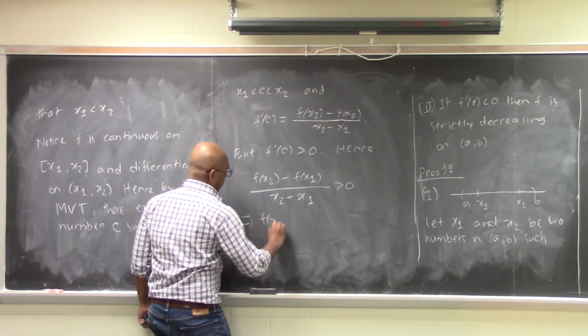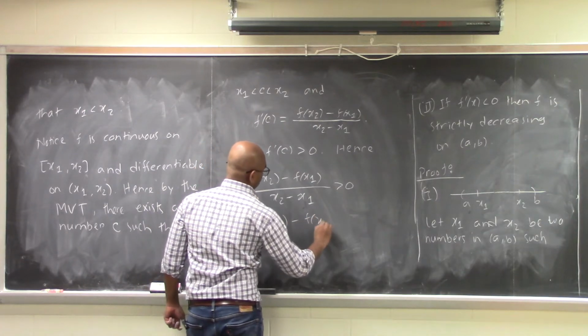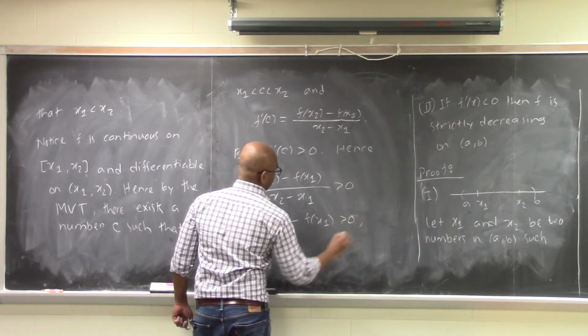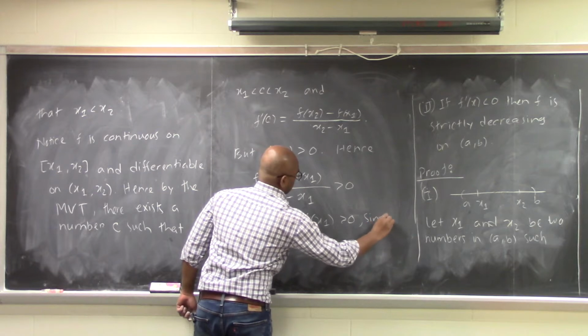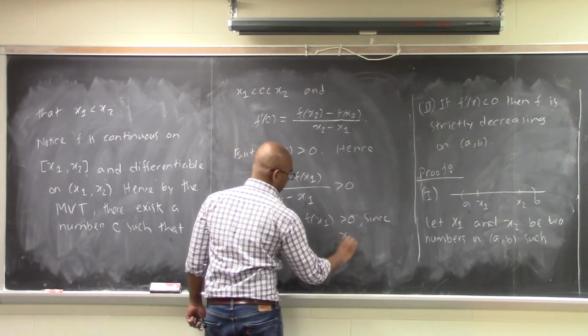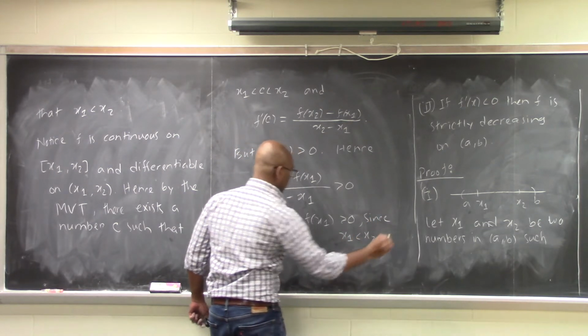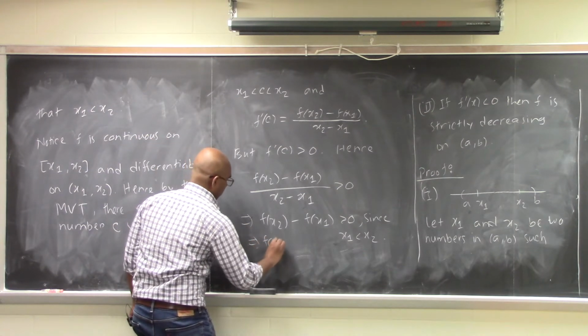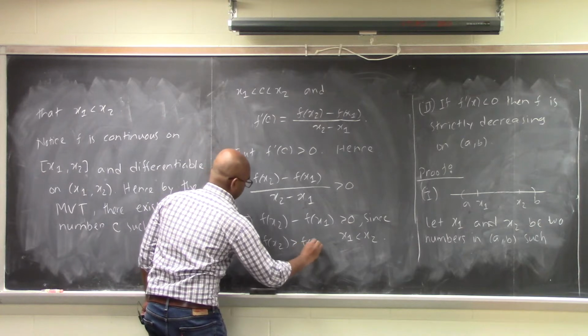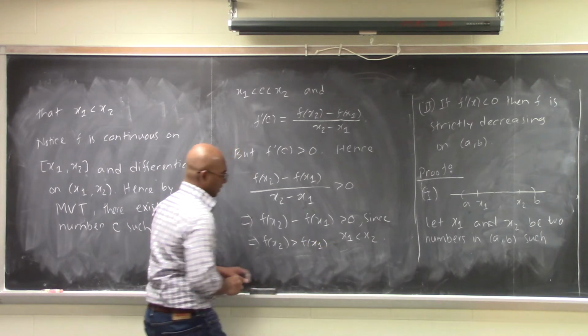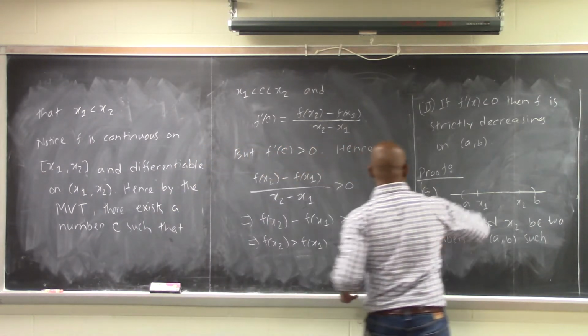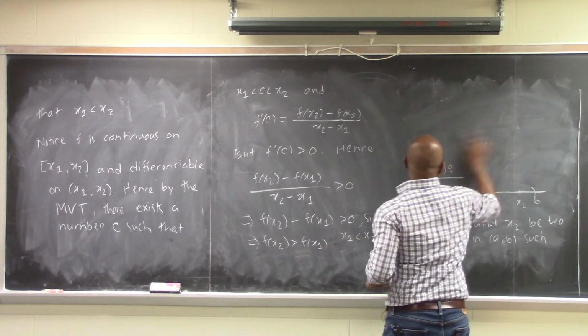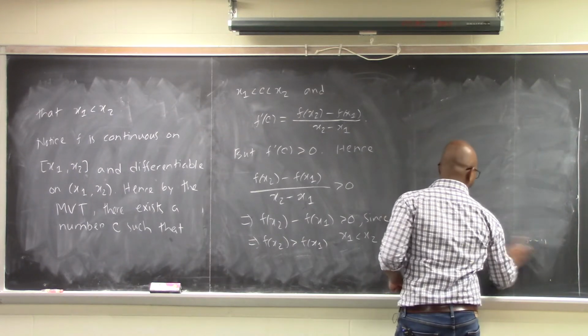So f of x2 minus f of x1 is positive. Why? Since x2 is bigger than x1, right? But if that is true, then f of x2 is bigger than f of x1, which means the same thing as saying f of x1 is less than f of x2.